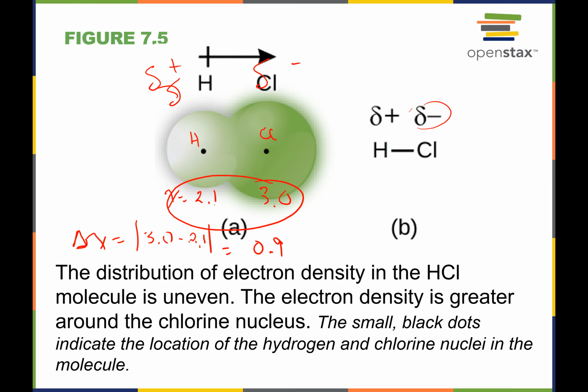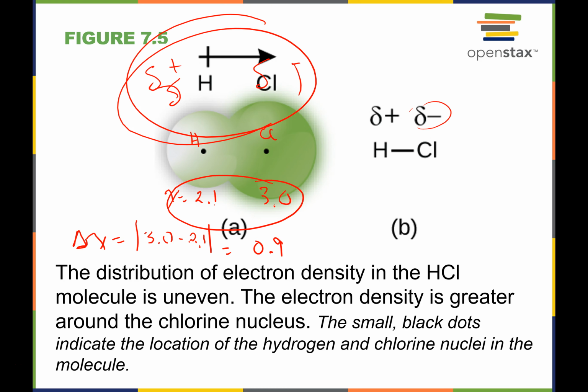Now this is something new. In physics, we do a lot of this vector sort of thing, where the line is kind of showing the force, the strength. The length of the line is showing the strength of the electronegativity difference, and the direction of the line is showing the direction of it.